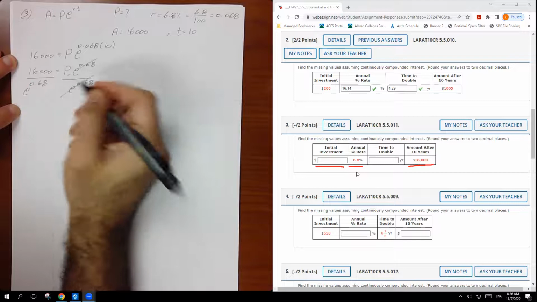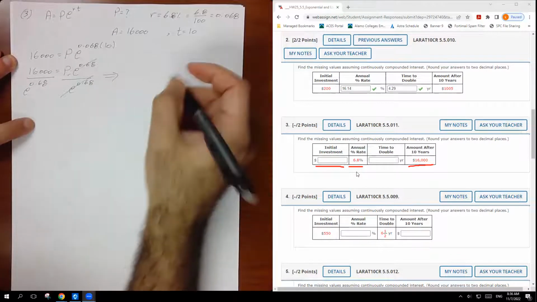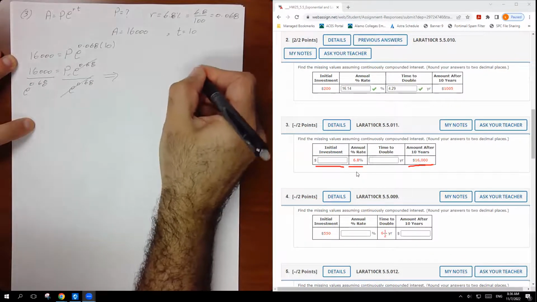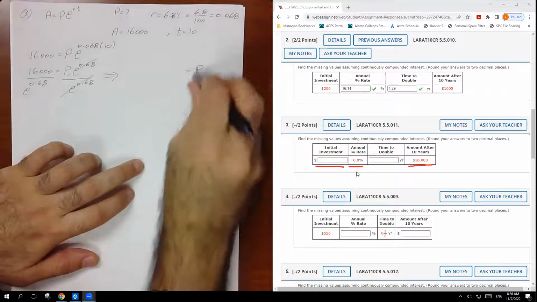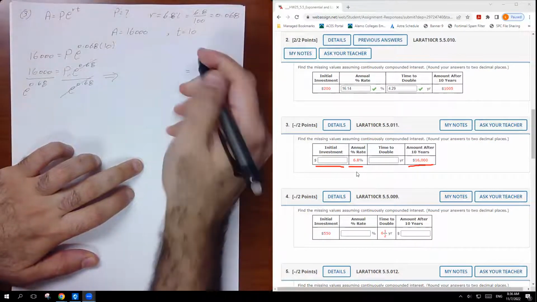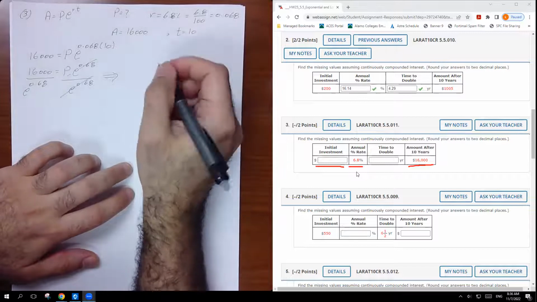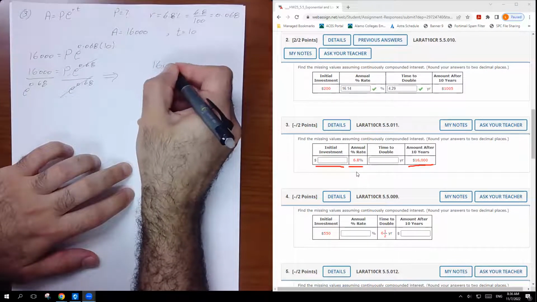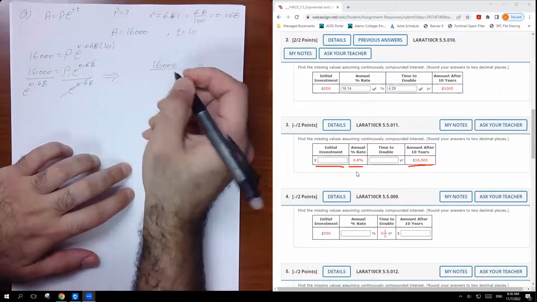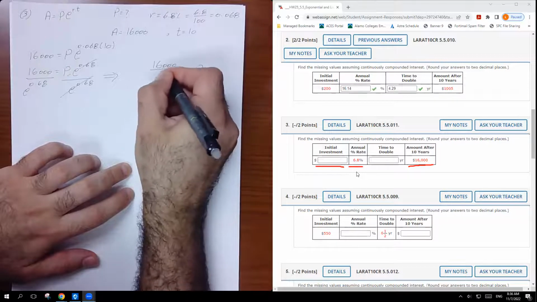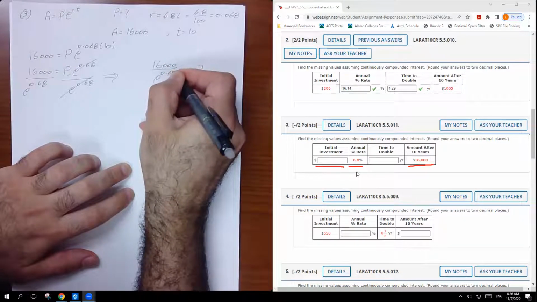Cancel these. That means P is going to be equal 16,000 divided by e to the power 0.68.